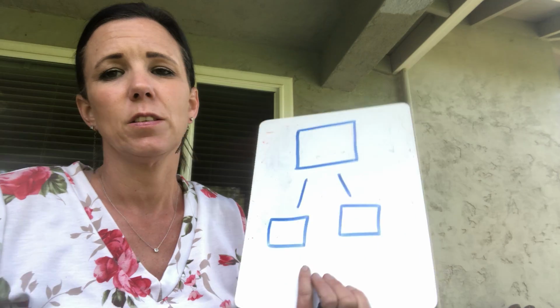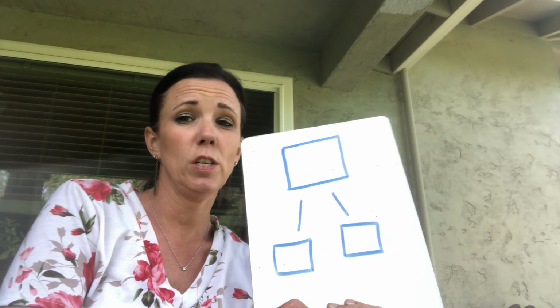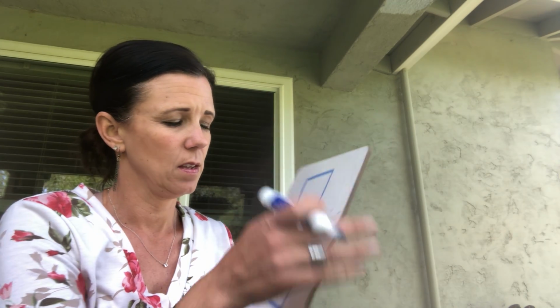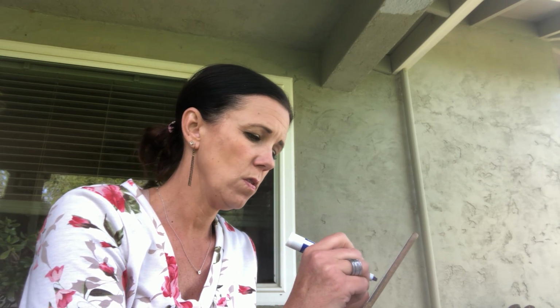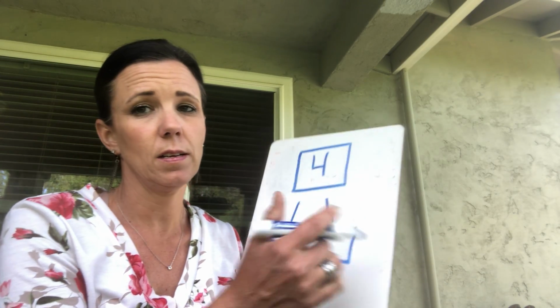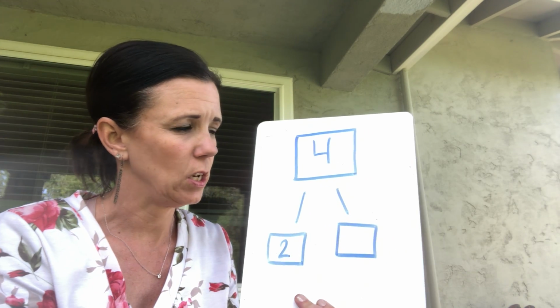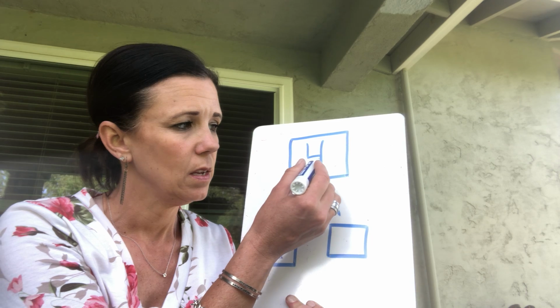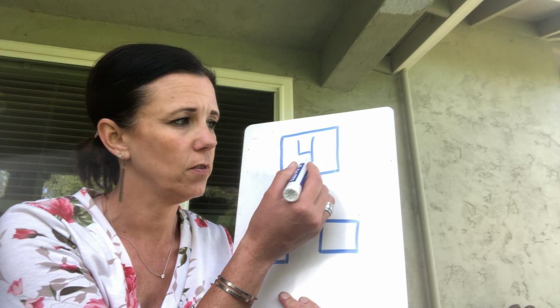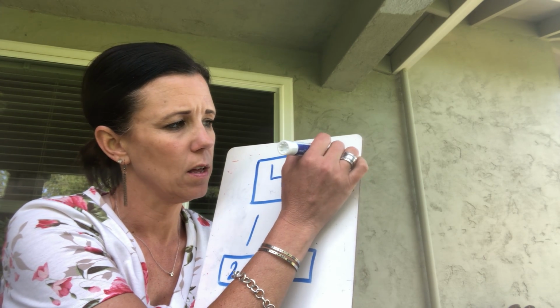All right, so you're going to know what the whole is. So I'm going to give you an example of how I would find the other part. The first thing I'm going to do is say the whole to myself. 4. I need to draw 4.